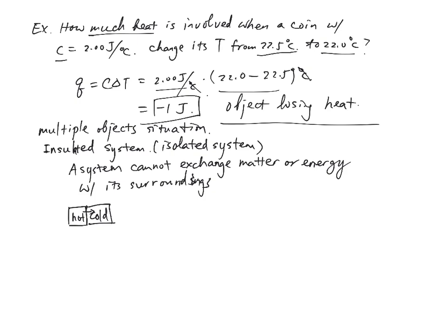But what makes this situation more complicated in real life is that you have air surrounding your two objects. You have air above the surface of your coffee in the mug, so energy could also be transferred to the air from your hot object.